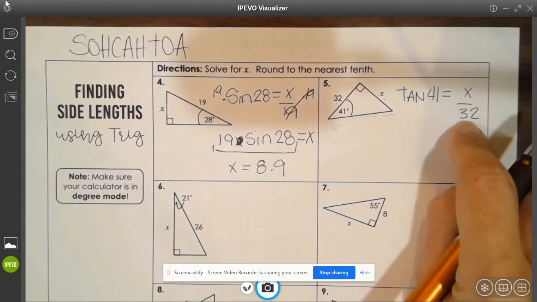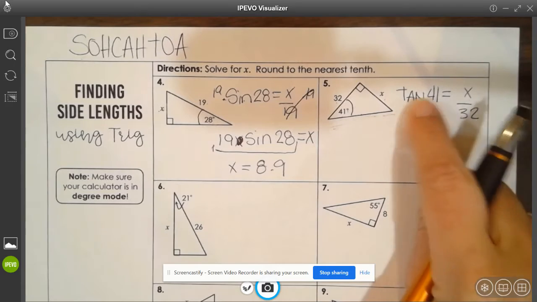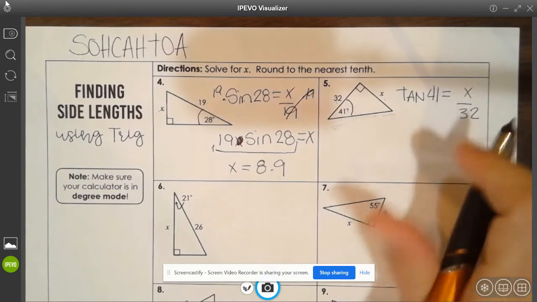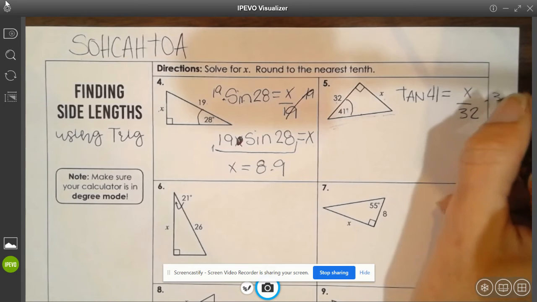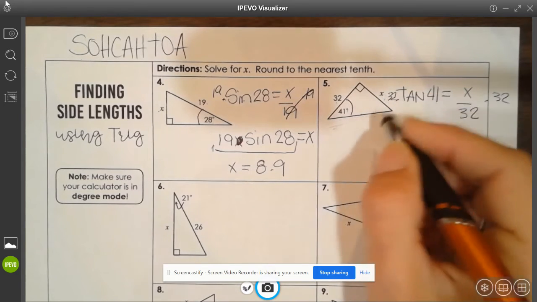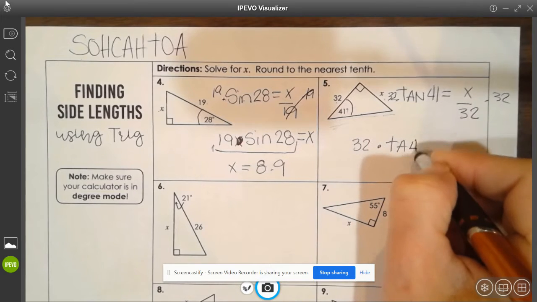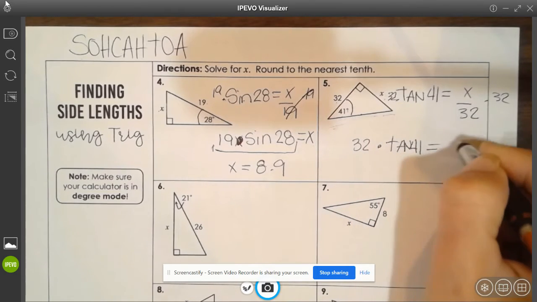All right. When we have a number here, we have to multiply, because if we multiply on both sides, to get rid of 32, we multiply on both sides. So that's 32 times tangent of 41 equals x.